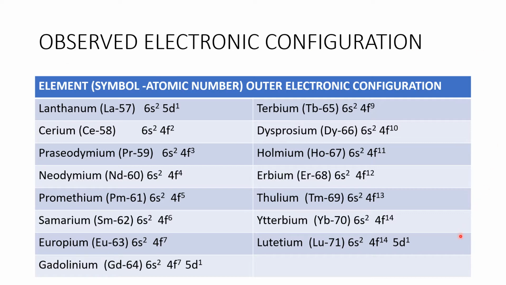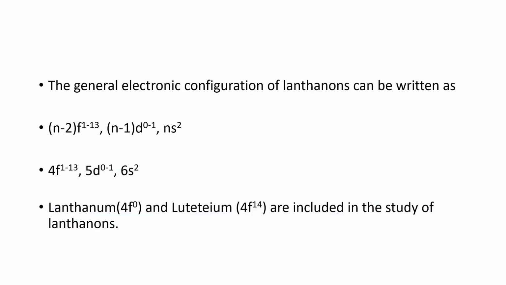This is a table that shows the observed electronic configuration of the lanthanons, starting from lanthanum to lutetium. Their electronic configuration is characterized by the filling up of the 4f level, that is the (n-2)f level. The general electronic configuration of the lanthanons can be written as (n-2)f 1 to 14, (n-1)d 0 to 1 and ns2.